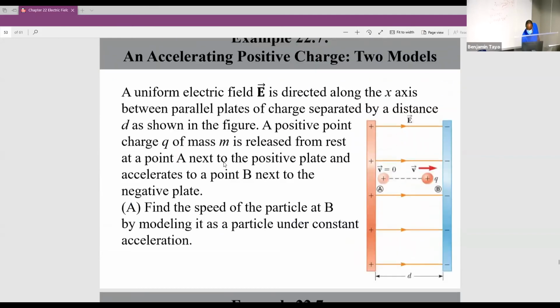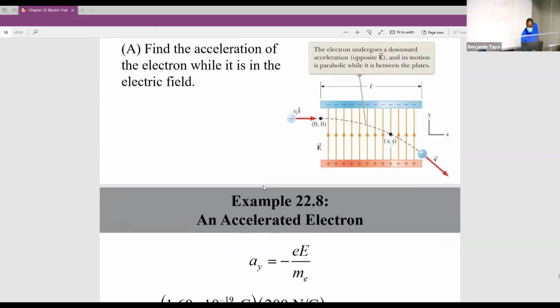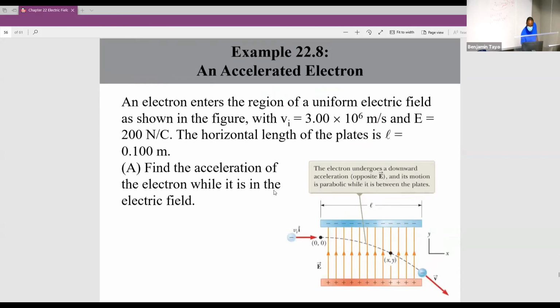We're going to look at this problem here. So we'll solve this problem, and then this is the one that I'm talking about right now. So basically, we'll solve this problem right there. Right? So in this case, it's an electron. An electron carries the negative charge.